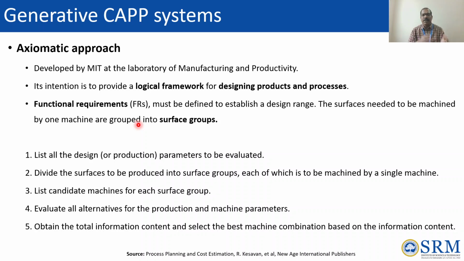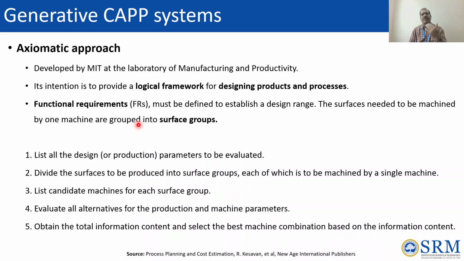For that particular group, they may assign a set of machinery, one particular machine for that group. Similarly, one component might have n number of surfaces. Those n surfaces can be grouped into small subgroups of surface groups. So each group needs to have one particular machine. So that is how we group surface groups by analyzing the various surfaces.